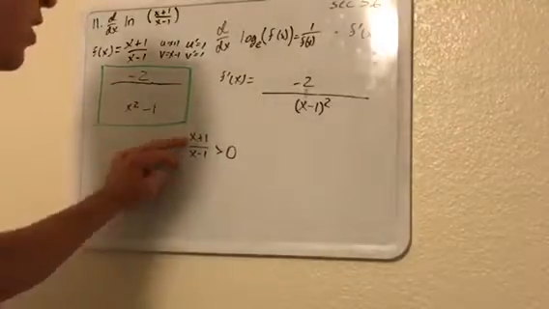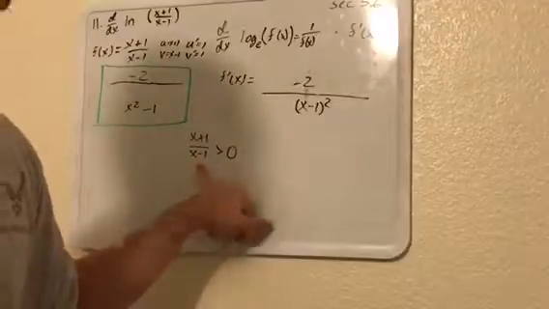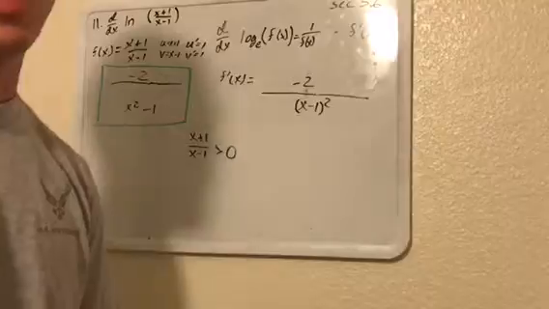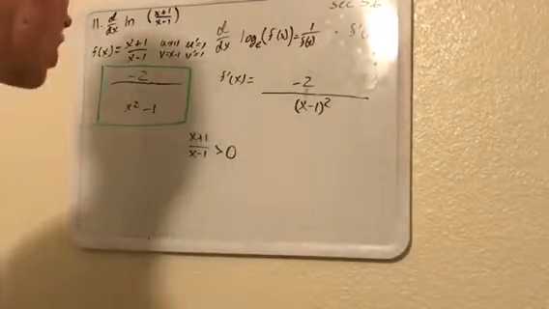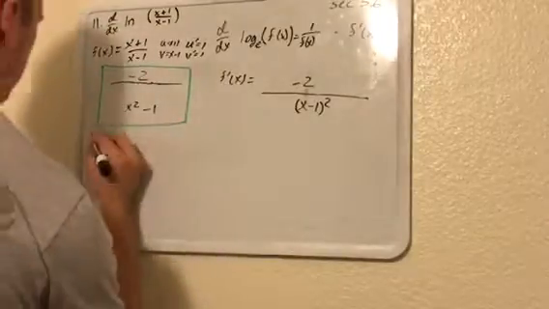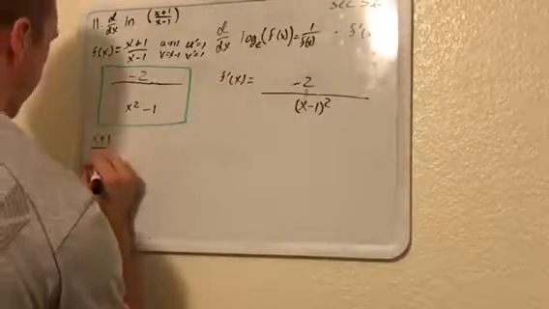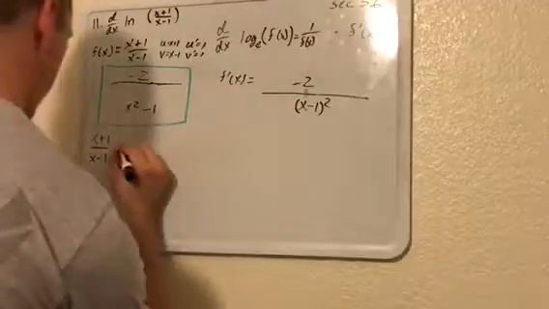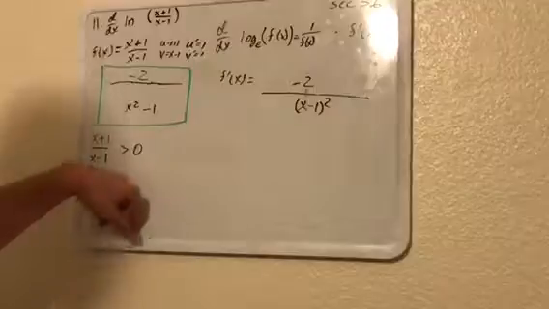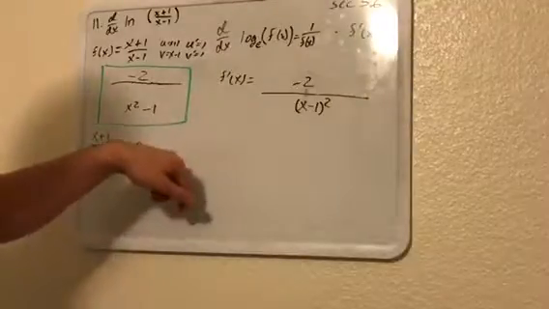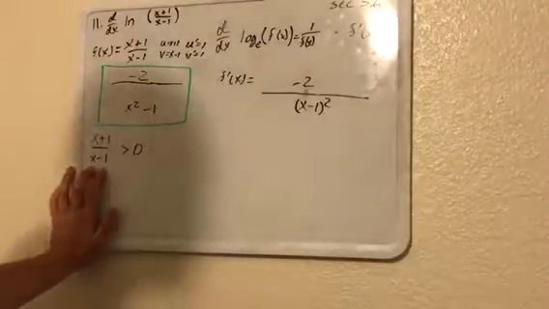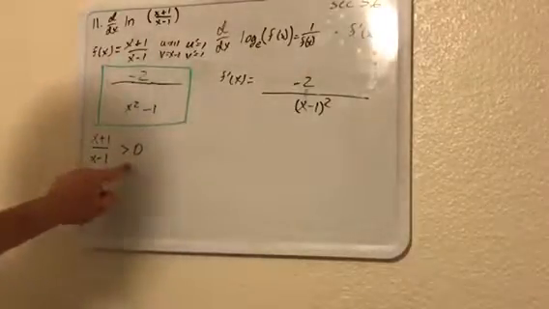That's also fine. So we know we're looking for some way to prove that if the value of x has an absolute value of greater than 1, that this will be positive, and that's what I'm going to do in this next step. So we'll put it over here. So x plus 1 over x minus 1 is greater than 0. Now, when I multiply this across, so if I multiply x minus 1 over here, depending on whether or not x minus 1 is a positive value or a negative value, you will have to flip this sign.